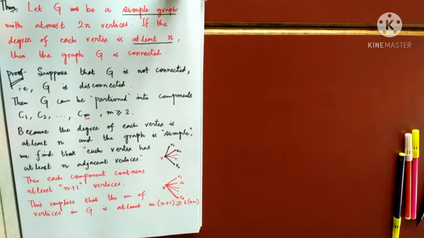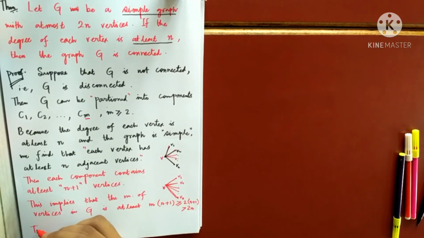Understood up to here? And you see, this number is again more than 2n. So just write this sentence. This implies that the number of vertices in G is at least 2n. Okay.